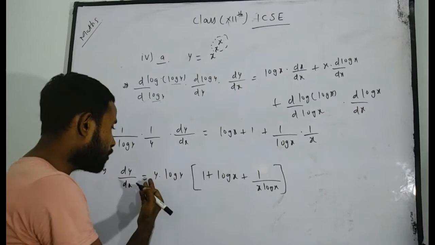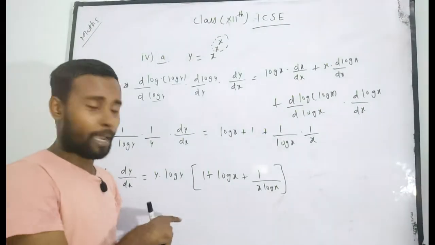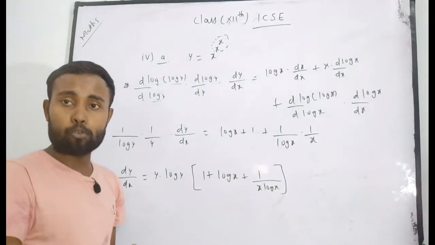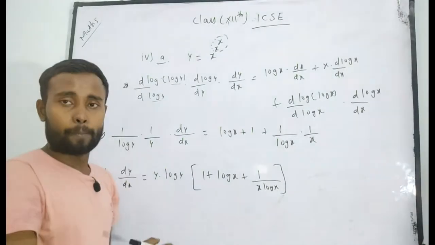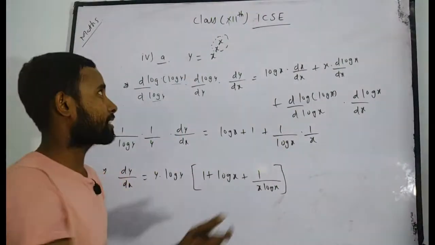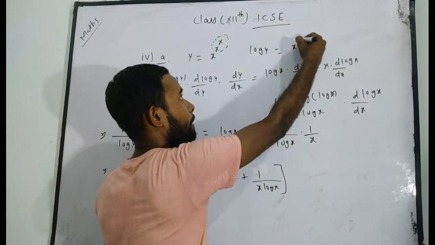Now what is the value of y and what is the value of log y? Always be careful in the last line: when you get your answer in terms of y, you have to substitute the value of y by the given function of x. As you know, y is equal to x to the power x to the power x. After taking log on both sides, you will get log y is equal to x to the power x into log x.